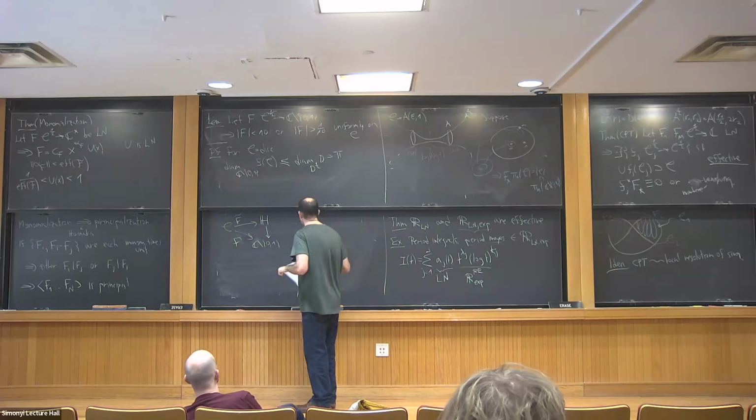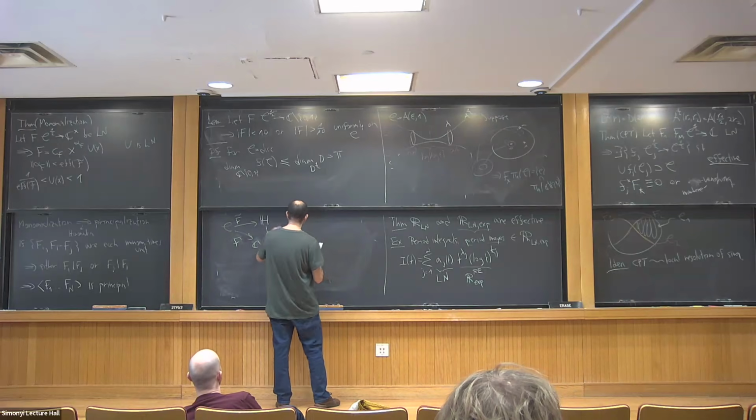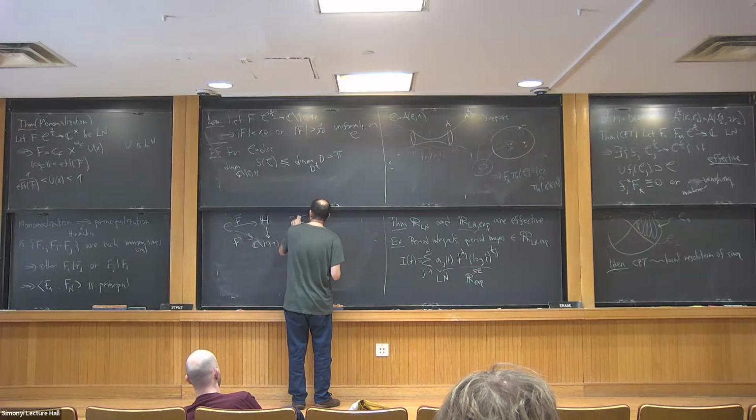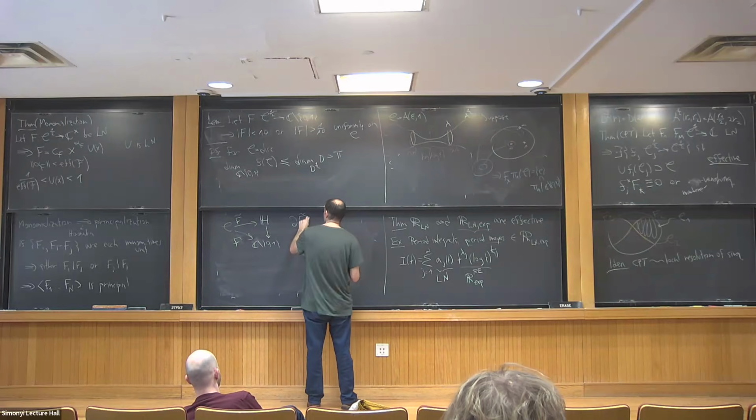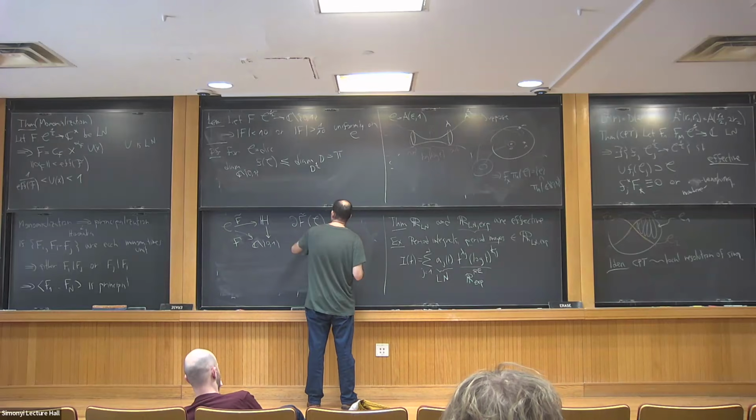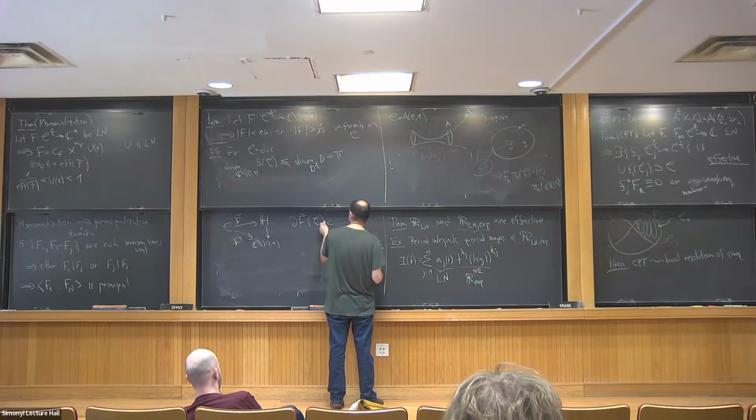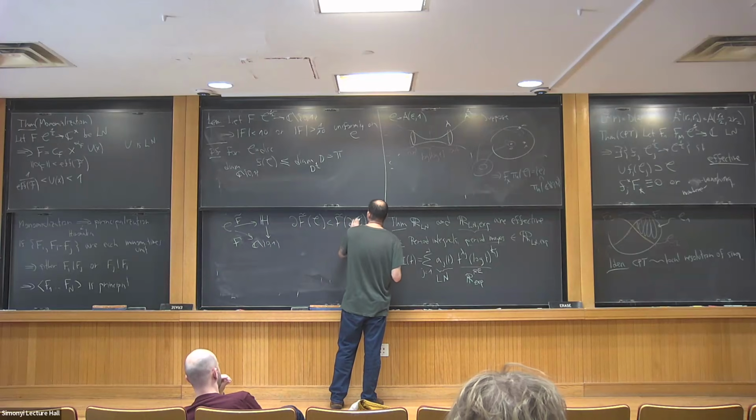Now let's look at the boundary of the image of this F tilde on C. This is going to be contained in the image of the boundary. That's just the open mapping theorem.